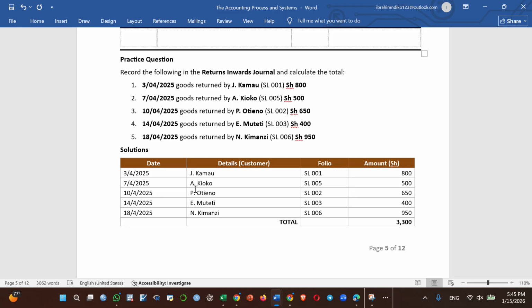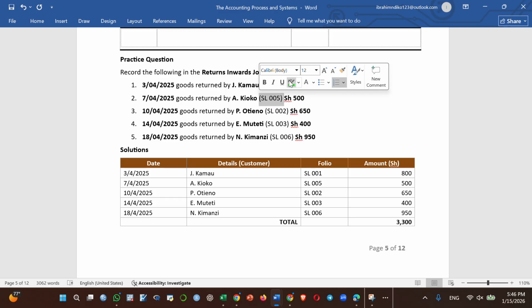So on that, J. Kamau returned goods. You have the SL number there provided.